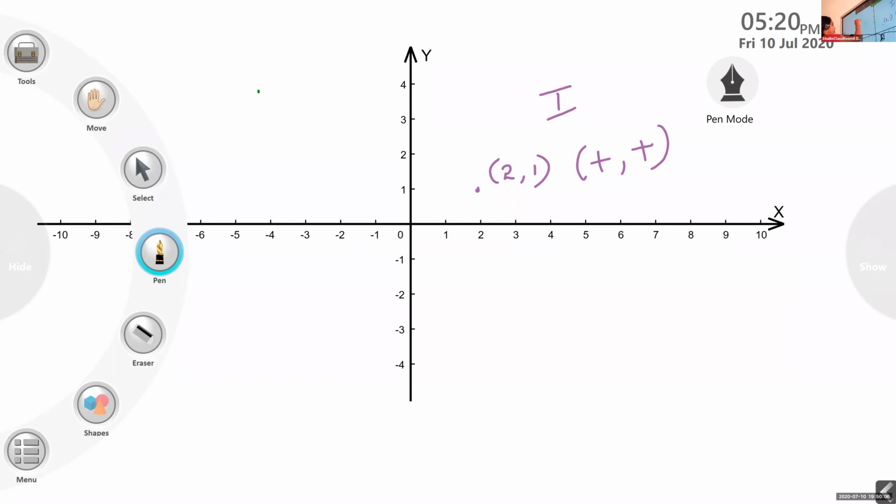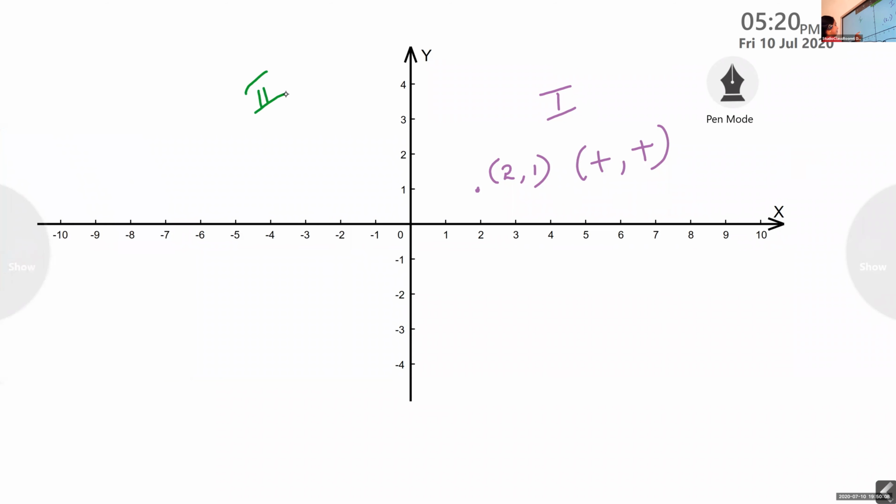Second quadrant is this. Okay, I'll give one point. This point. Can you find out the coordinates of this point? Look straight down.